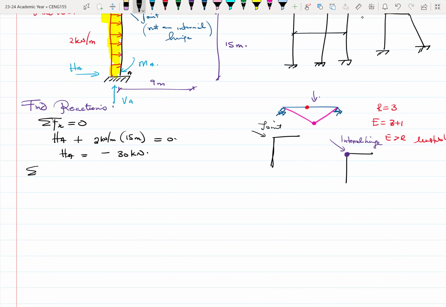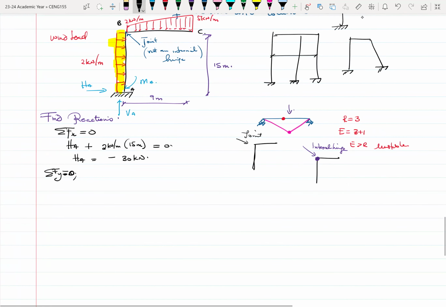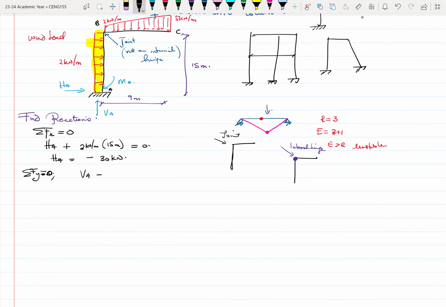Now let's sum vertical forces. So here we do have VA minus, again, this is your vertical force right here. Okay. And this is a trapezoidal load, right? So you have options on how to solve this particular problem. If you have a load that looks like this, okay, this is 2, this is 5. The length here is 9 meters.